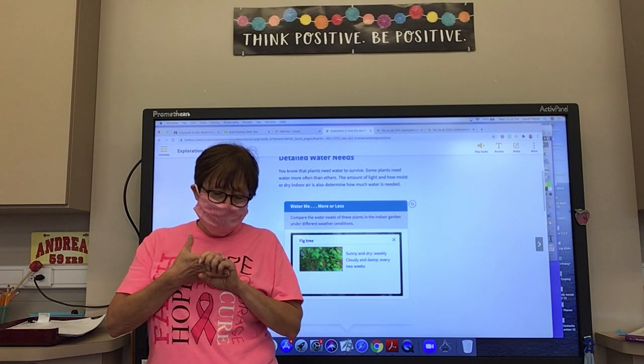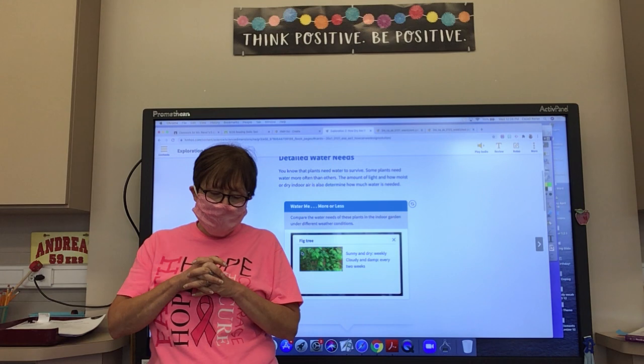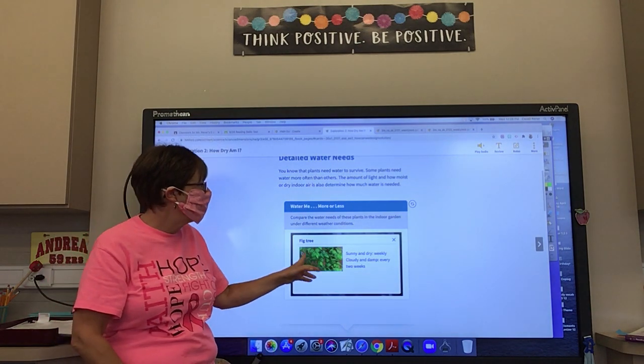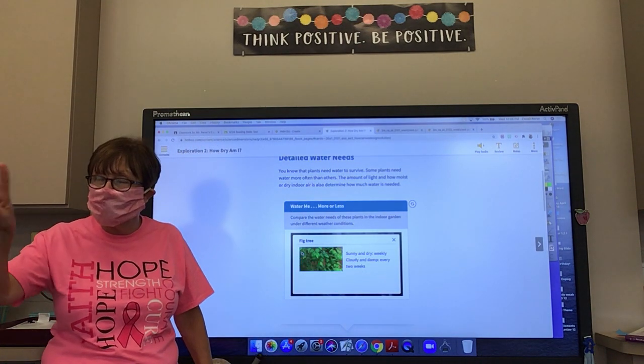So we need to water our fig tree. It needs to be watered weekly, and we're gonna be gone for 2 weeks.